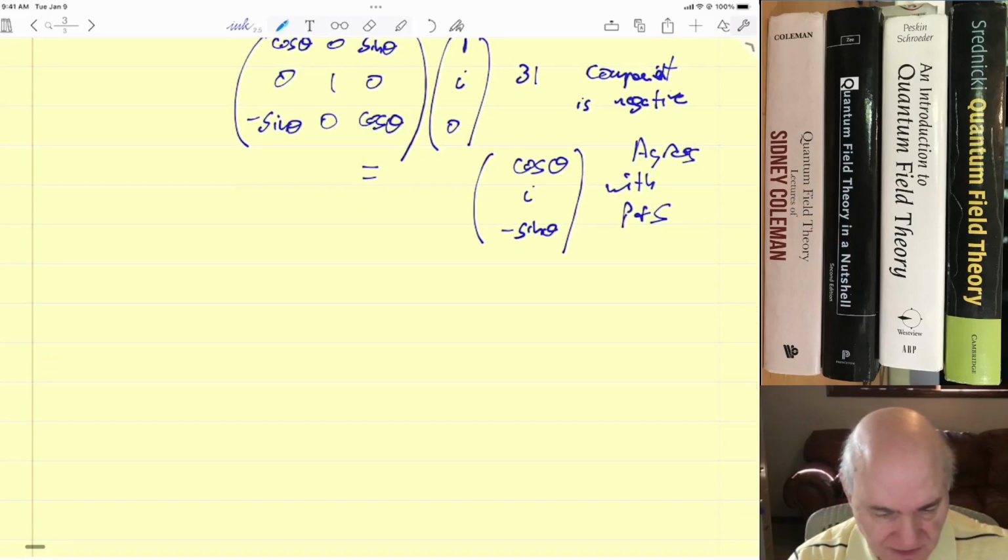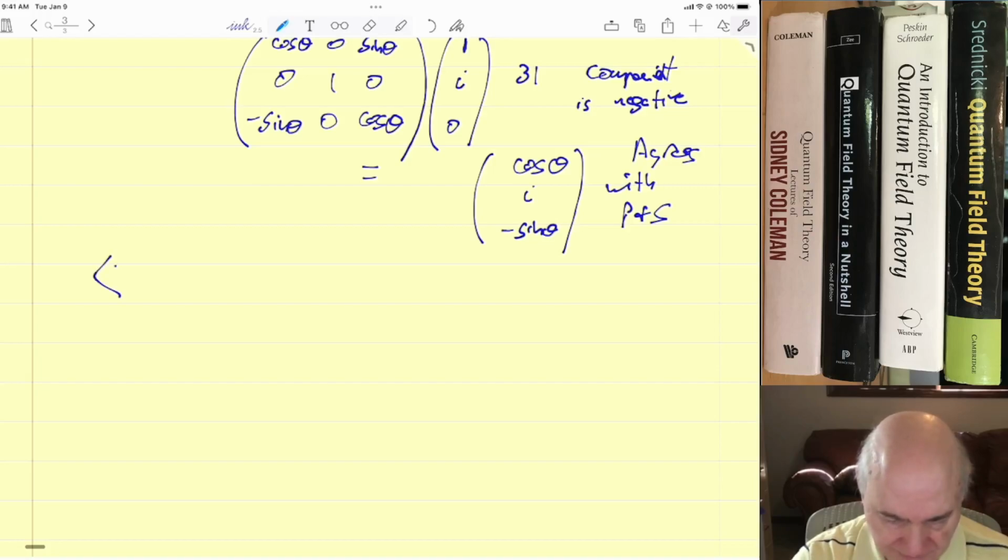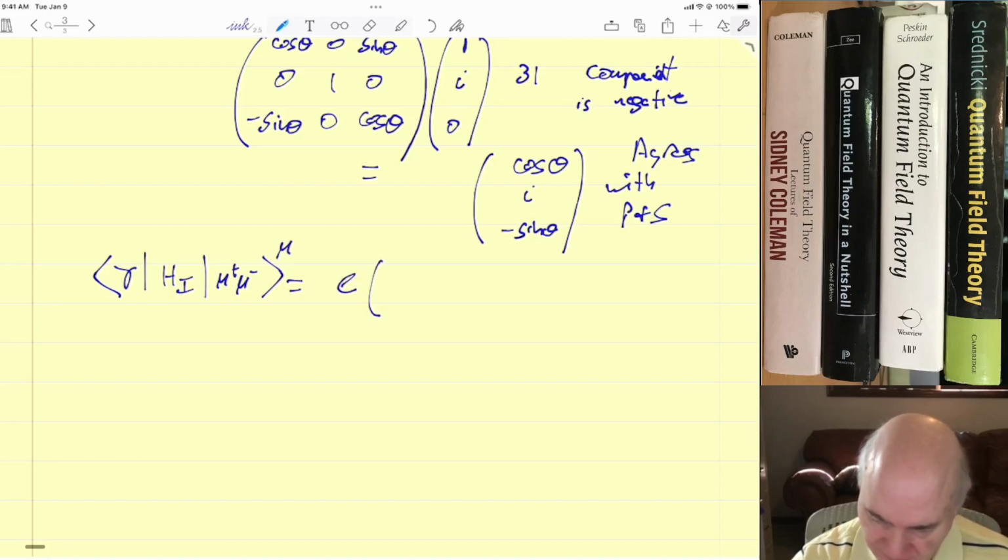So now we have gamma mu, u-bar, v, let's say mu is equal to E times, remember the time component is the first one. That's the confusing thing where people get confused. Cosine theta, i, minus sine theta.